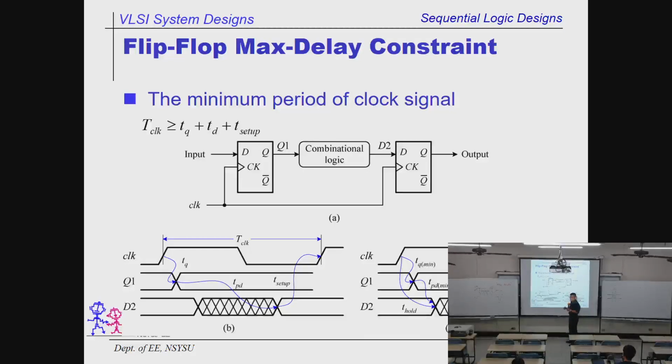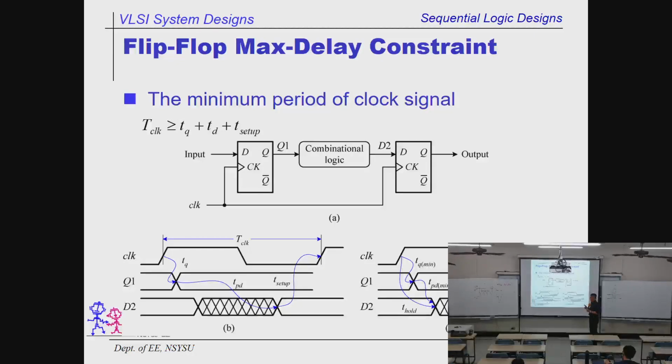That is done in your homework. So you take a long time to do the addition or multiplication. Then D2 is ready. They must be sampled, so you gotta have enough time to be sampled. This is called the setup time.